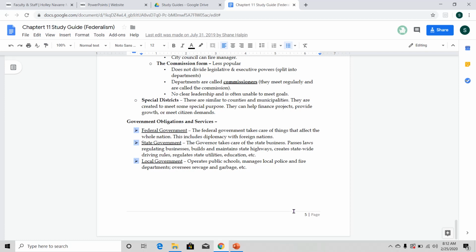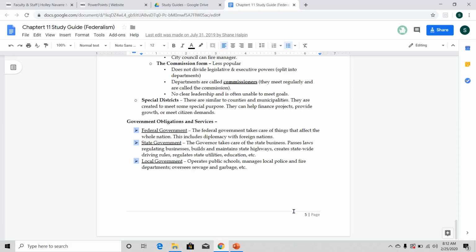Yes, but again, keep in mind, these are obligations. These aren't choices that the federal government has to do. These are requirements that they're supposed to be doing. Their job is to work with other nations, keep our country safe, etc. Now, at a state level, they've still got obligations.